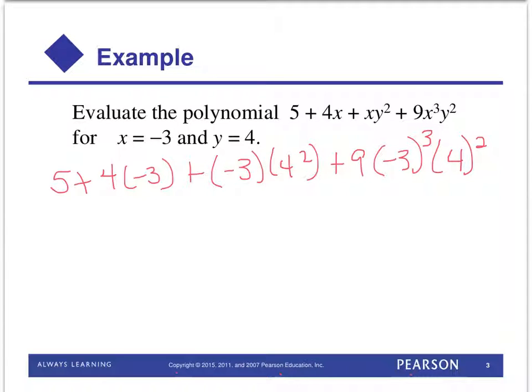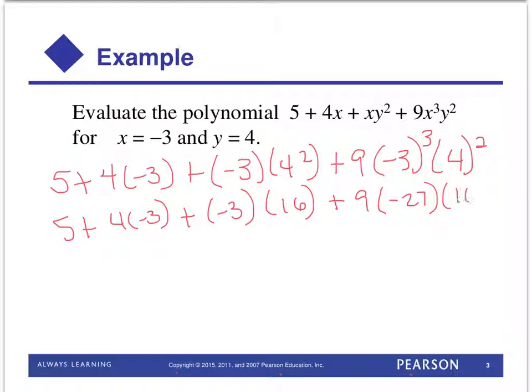So we're going to clean up. So we get 5 plus 4 times a negative 3 plus negative 3 times 16 plus 9 times a negative, let's see, 3 times 3 is 9 times 3, so it's a negative 27 times 16. So now we're going to clean up again.